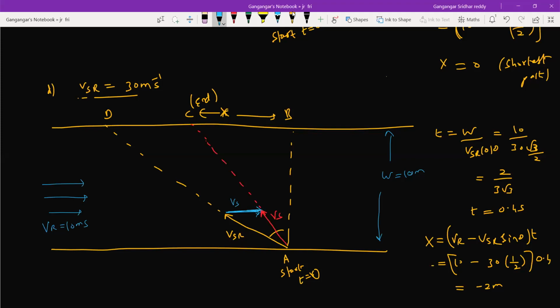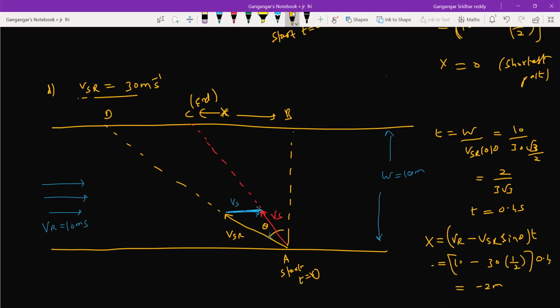See, landing points on the river bank are very difficult. You can't land wherever you want, only at some specific points. So based on where the passengers want the landing, you can adjust the VSR. This is what practically happens. So rowing the boat up the stream, you get an advantage.